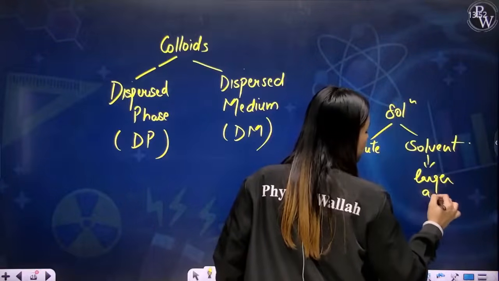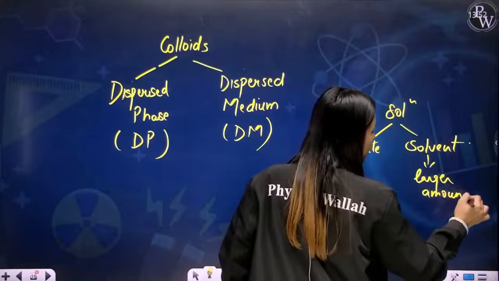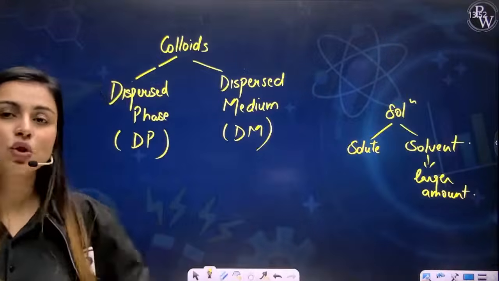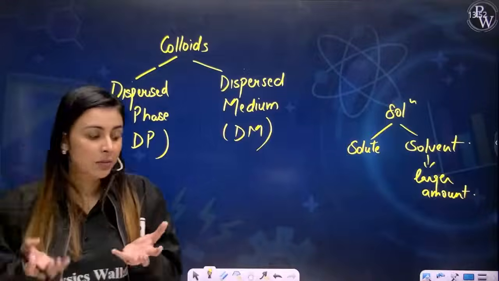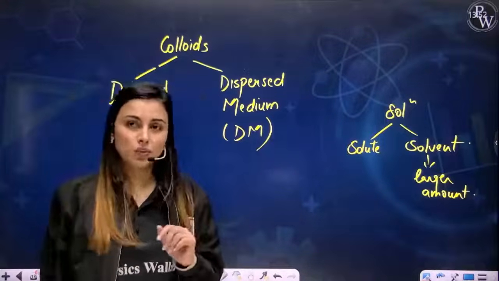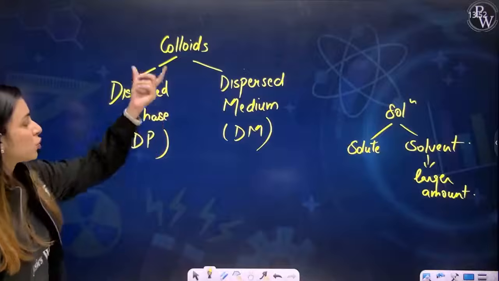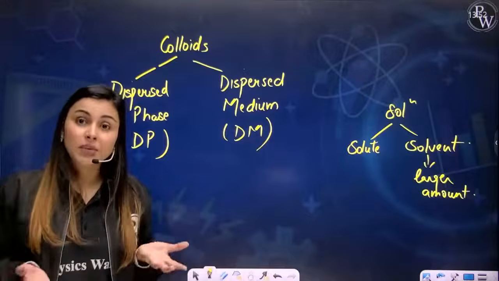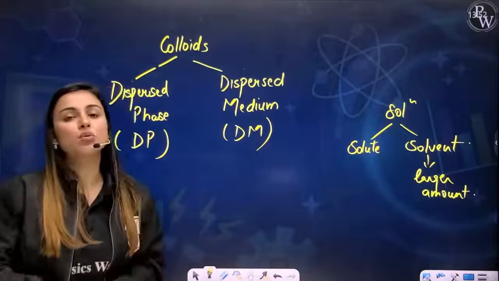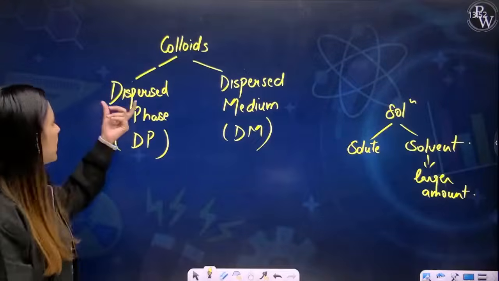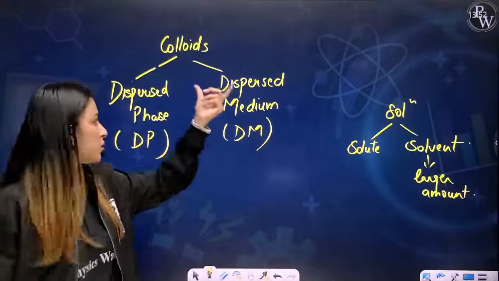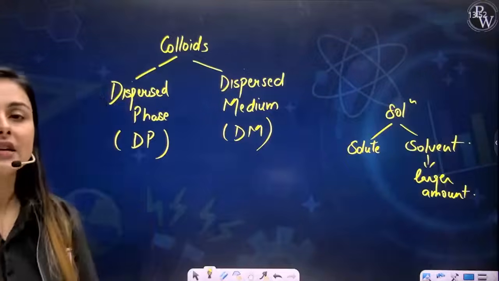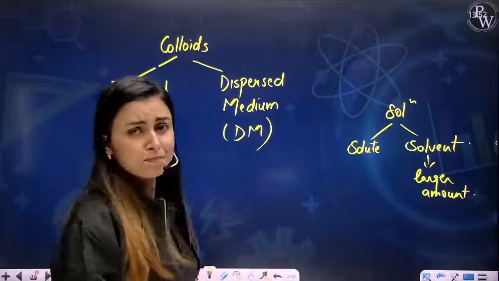We used to say the one with the more number of moles is considered as solvent, and solvent is the medium in which we actually dissolve the solute. Similarly, my dear students, colloids have a dispersed medium which will provide a medium for the dispersed phase to come and mix into it. So you can say dispersed phase is your solute and your dispersed medium is your solvent. Okay, so in this way you can understand how your colloids are made.